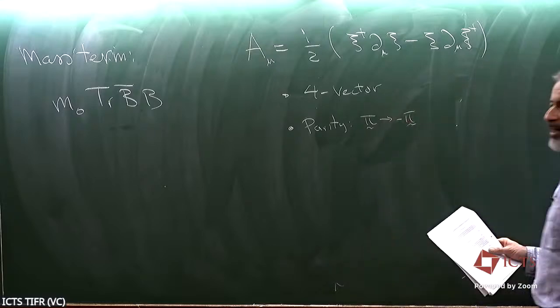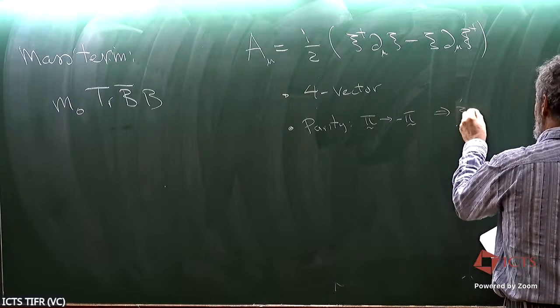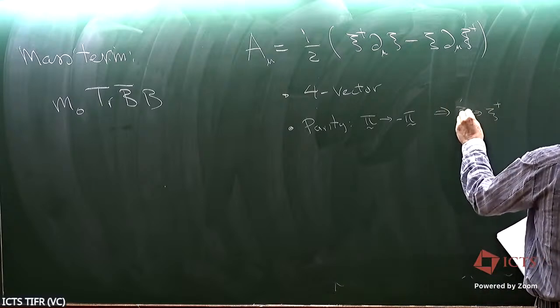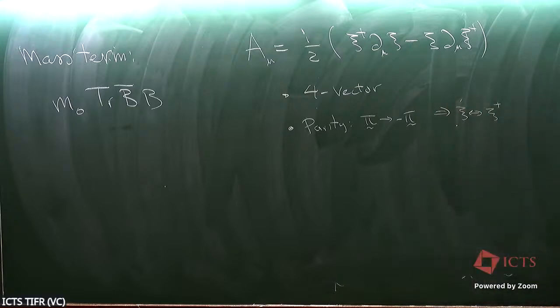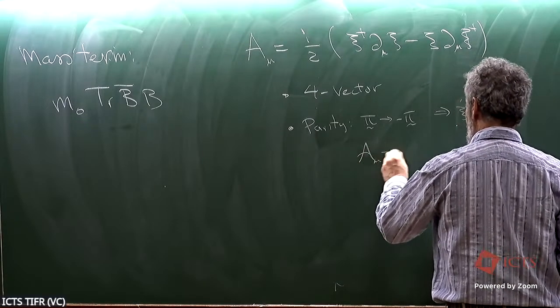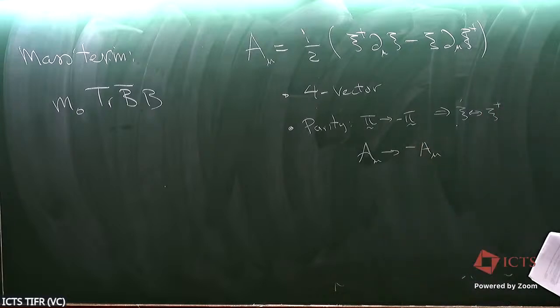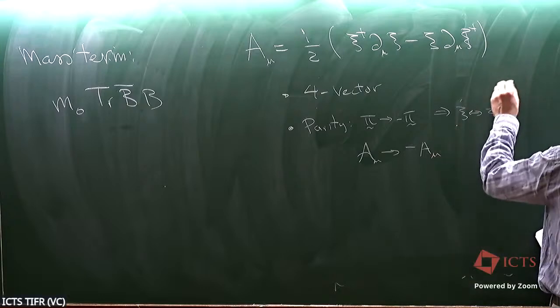They're a pseudoscalar. So that means that C goes to C dagger, and they interchange with each other. And you find that A mu goes to minus A mu. And therefore, this is what we would call an axial vector.